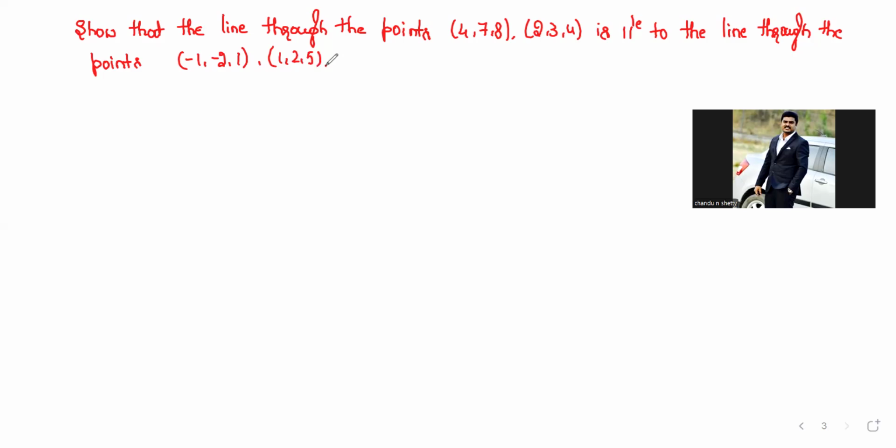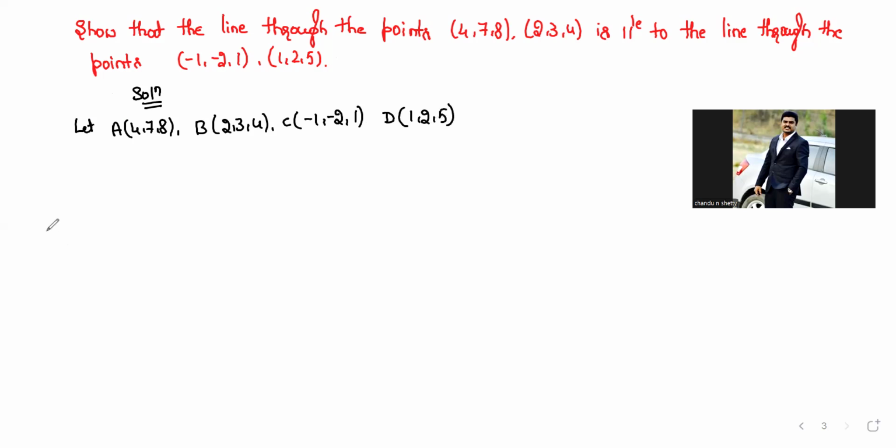Okay, my dear students, it is the same as the previous problem. Now we want to find the direction ratios. Clear, all of you? Now let A be (4, 7, 8), B be (2, 3, 4), C be (-1, -2, 1) and D be (1, 2, 5).